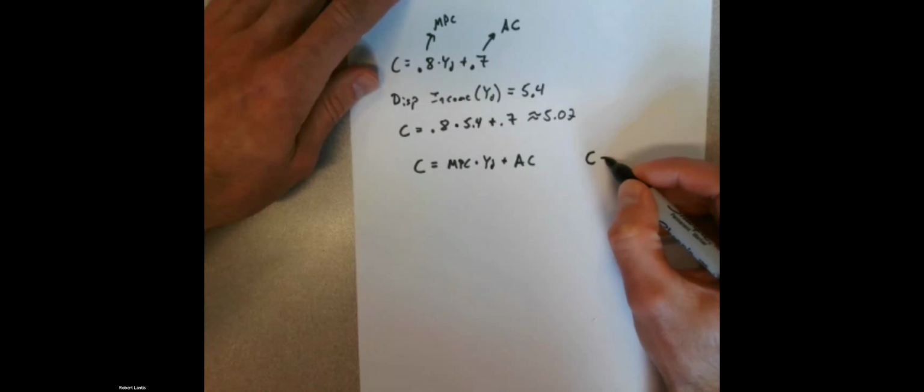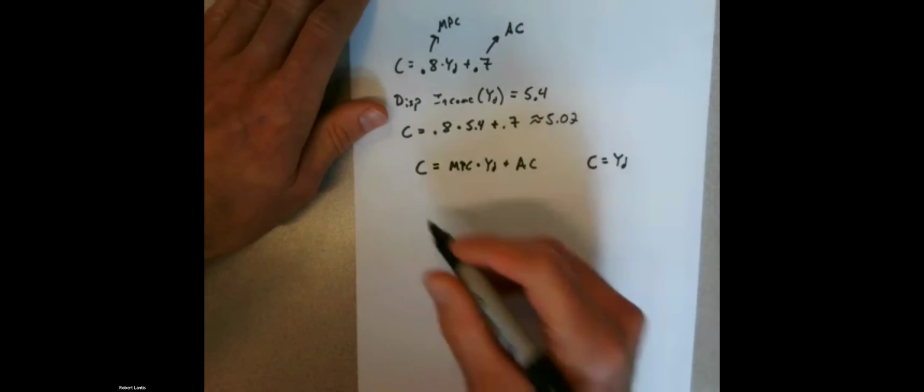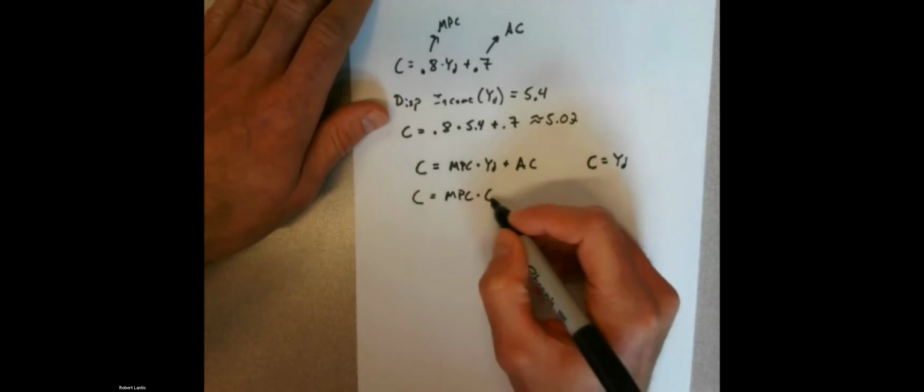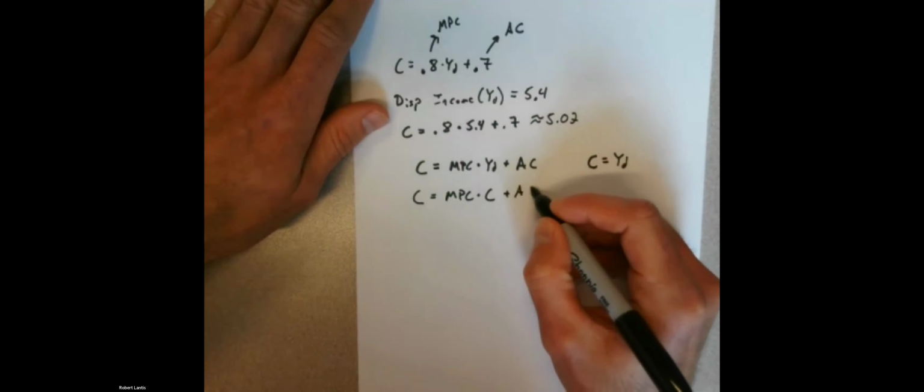To solve for the break-even point, that's where my consumption is equal to that disposable income, the point where they cross. When consumption is exactly the same as my disposable income, I'd really be having the same value there.